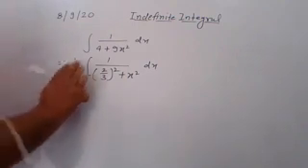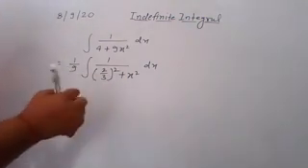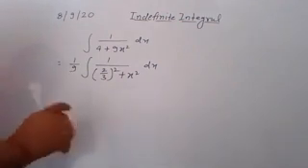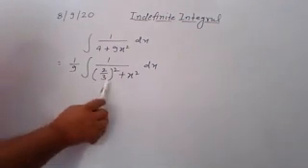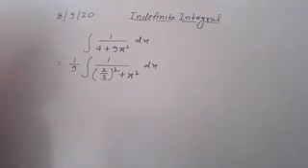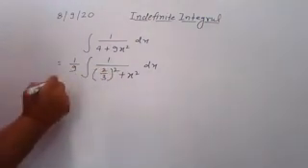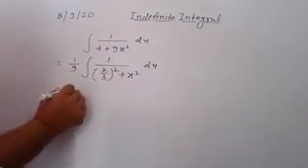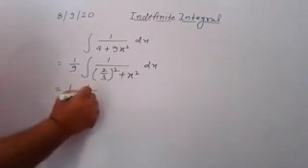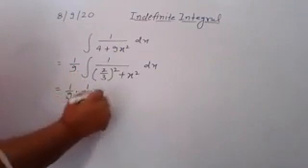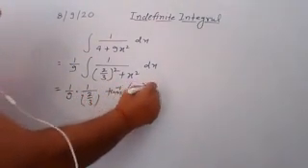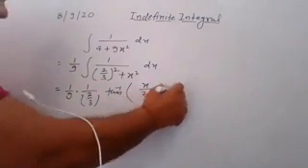If you compare this integral to the first 3 results, it is equivalent to 1 upon a square plus x square. Its formula is 1 upon a tan inverse x by a. So you can write 1 upon 9 into 1 upon a, that is 1 upon 2 by 3, tan inverse of x upon 2 by 3, plus c.